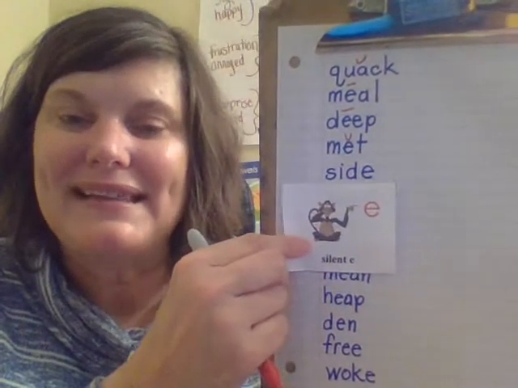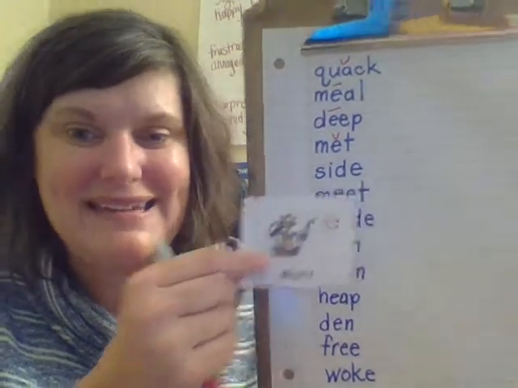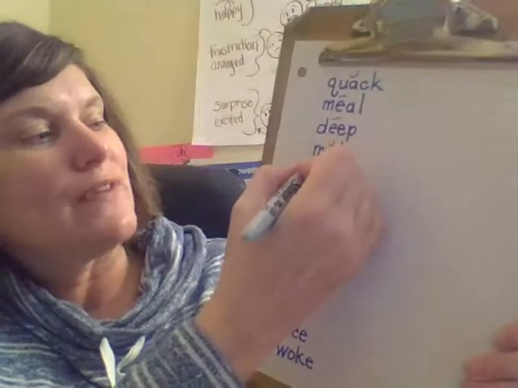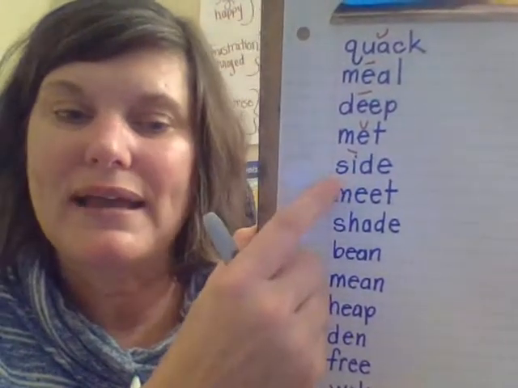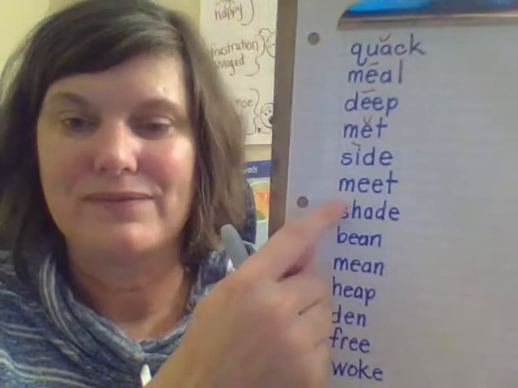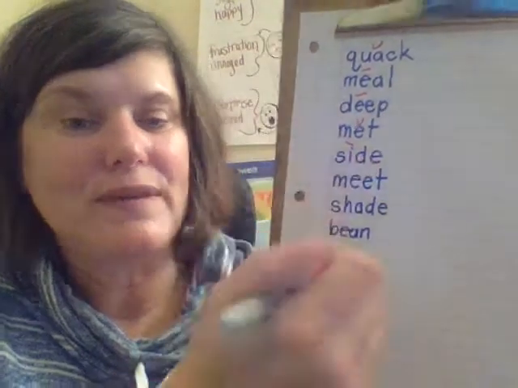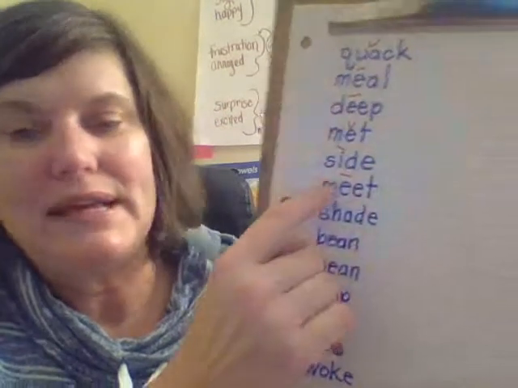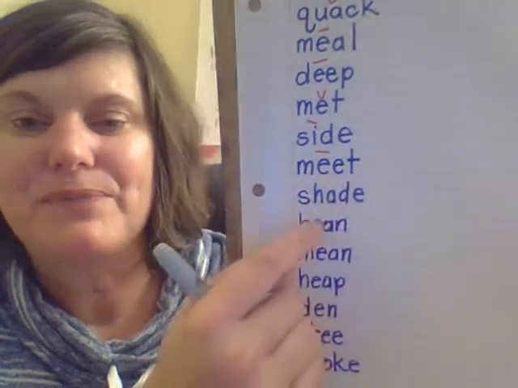Yes, a silent E. When you have silent E, we don't hear the E at the end, but it helps the first vowel make its long vowel sound. So this is a long I. Side, side. Okay. Vowel, vowel. So a vowel pair. We have two vowels. Long E. Ready? Meet, meet.